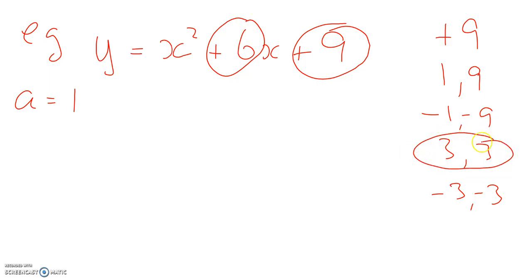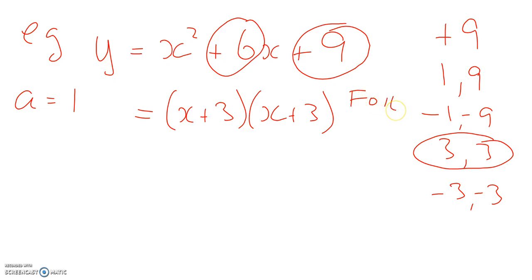And of course it's this one here. So this can be rewritten as x plus 3 times x plus 3. And of course if you multiply out these brackets using the FOIL, you'll get back to the original.